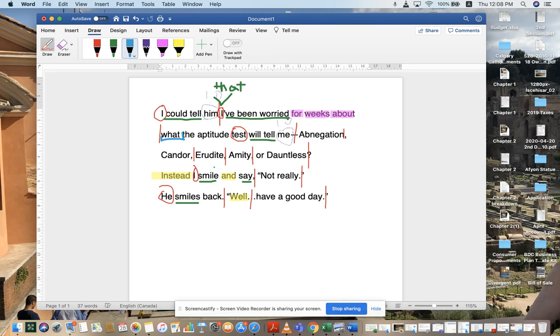Abnegation, candor, erudite, enmity, or dauntless. In other words, when I finish this aptitude test, where will I go? Or who will I become? Perfect example of comprehension right there, because you are able to separate direct statements from indirect statements, direct questions from indirect questions.